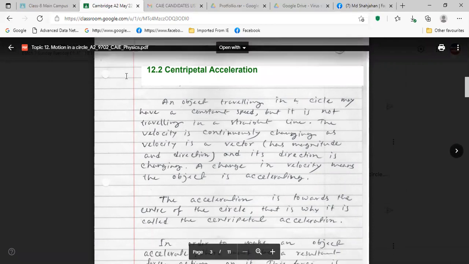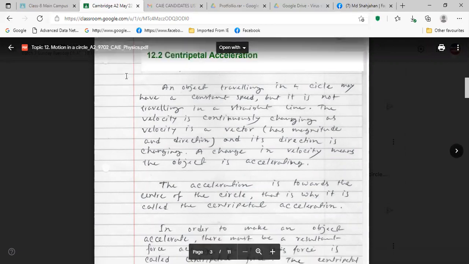Now, centripetal acceleration, right? It is subtopic 12.2 related to centripetal acceleration. So can you read this part? Don't write, only read. From an object.